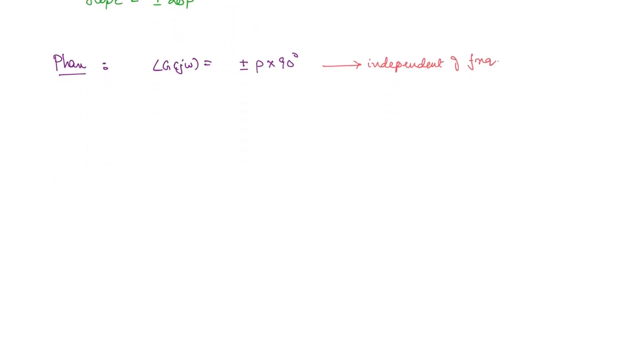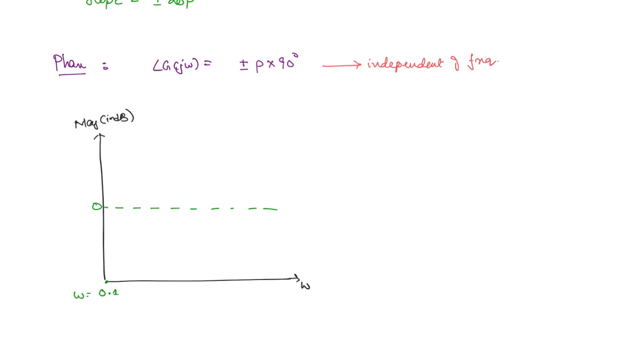Let us now draw the magnitude and the phase plots. First we will consider the magnitude, once again in dB, against omega on a log scale. Let us say 0 will be somewhere here, and the frequency scale will start from ω = 0.1. If you take a single zero at the origin, then p is simply 1.